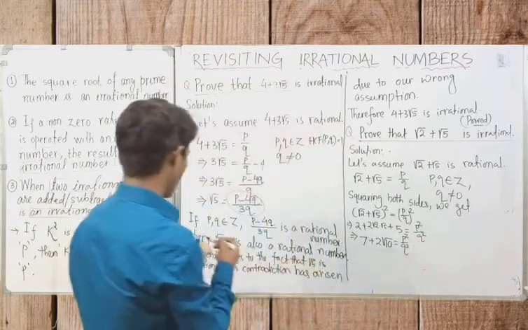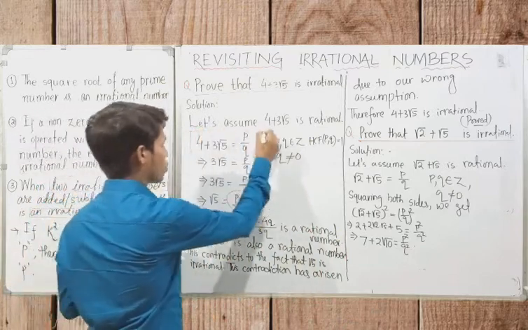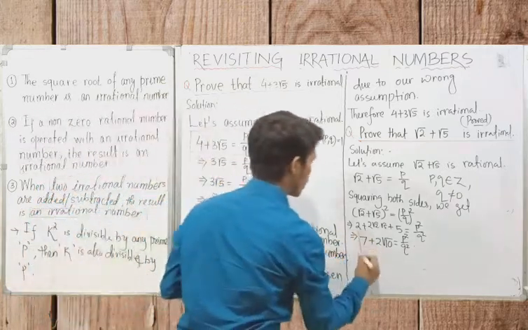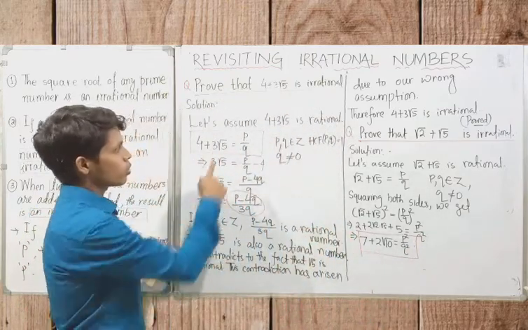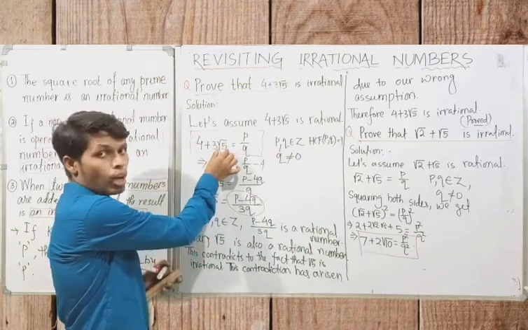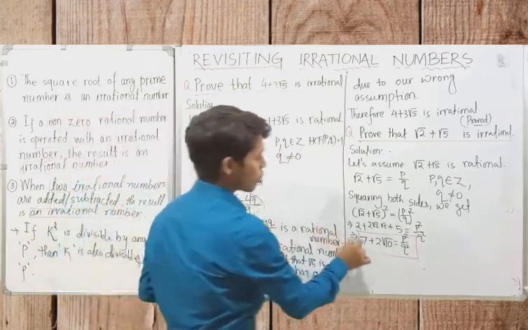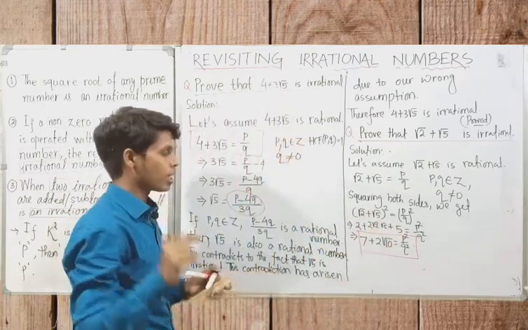Okay, so now see, these two lines that we got in question number 2 and question number 3 resemble each other, yes or no? Those two are of the same type. Here you got 4 plus 3 root 5, where only one irrational number was involved. Here also you got 7 plus 2 root 10, where root 10 is the only irrational number involved.